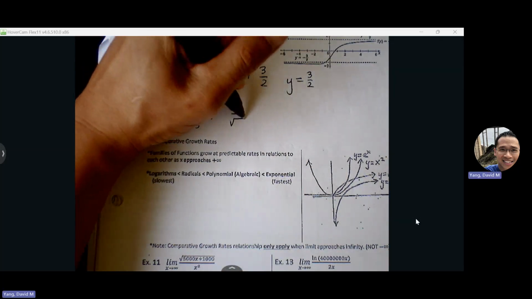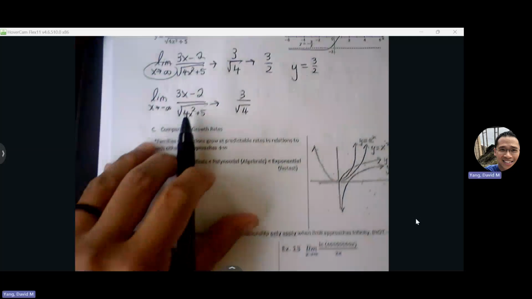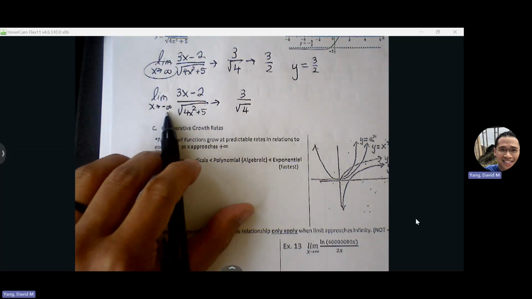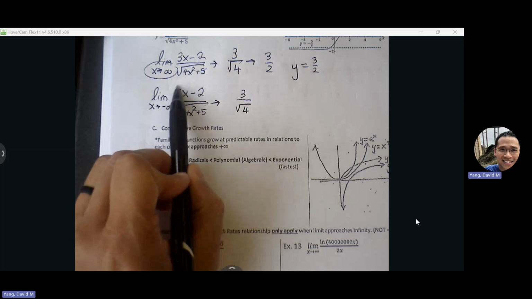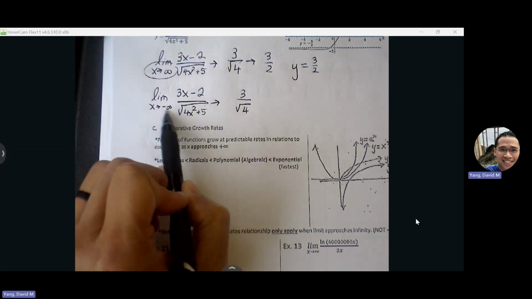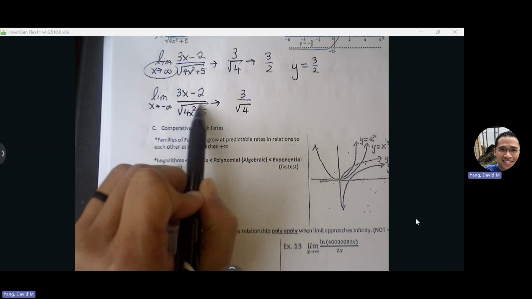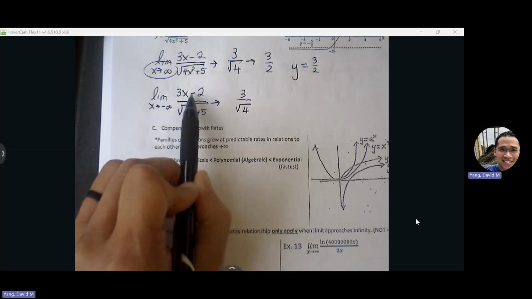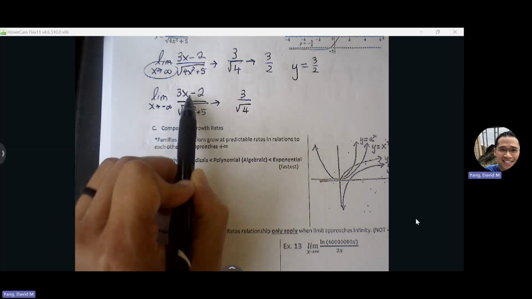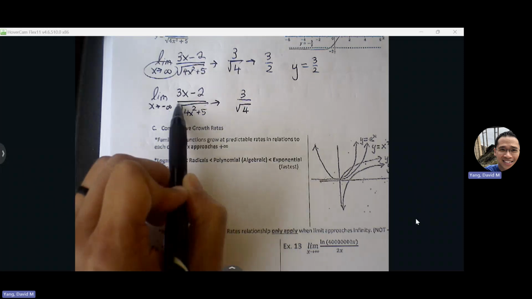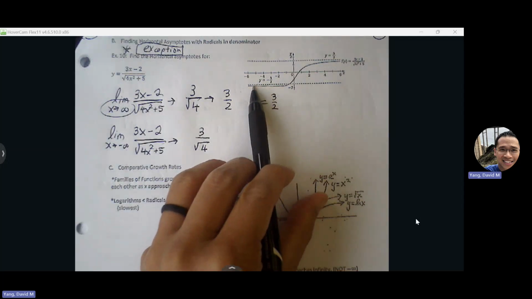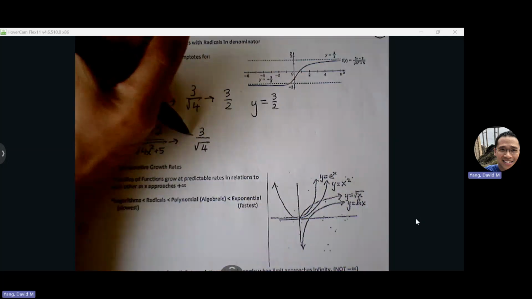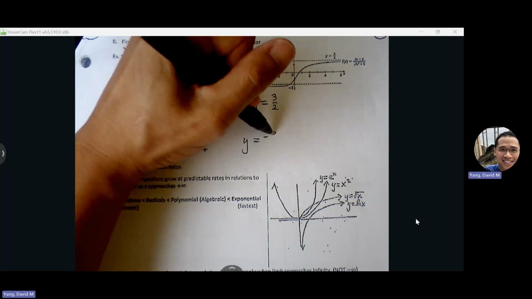Denominator is still root 4. But here's something that is strange: when we plug a negative value into here, what am I going to get? Negative value. But if I plug a negative value into here, what am I going to get? Positive. So they're not going to agree anymore. That square root is always going to protect this from being negative, and only this is turning negative. And that's what's causing this asymptote to switch sides. So that's why we're going to get y equals -3/2.